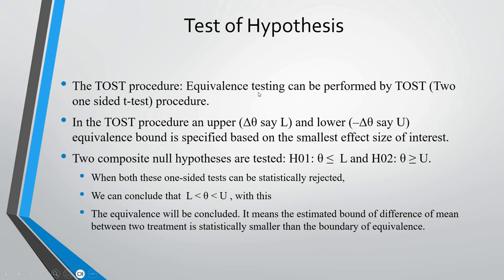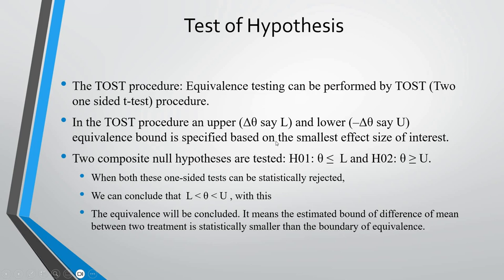So let's go ahead with the statistics. The statistics proposed is the TOST for equivalence testing. This is the two one-sided test, the TOST procedure, with upper and lower equivalence boundaries, say L and U, that we are going to test.